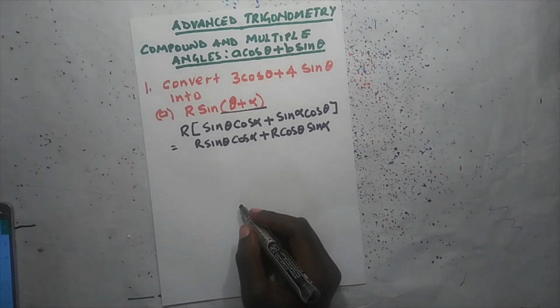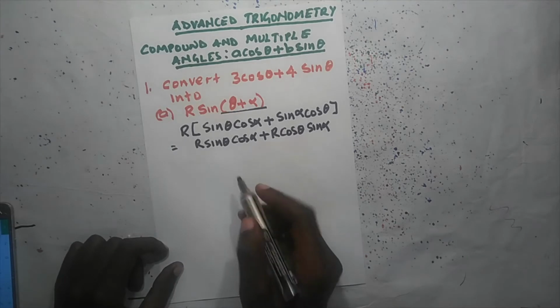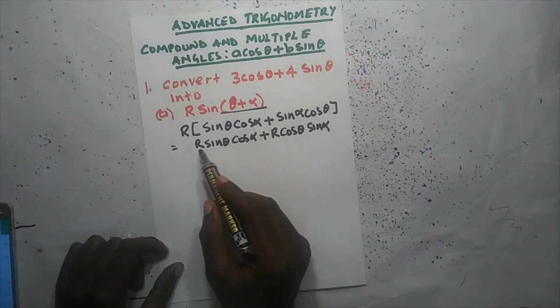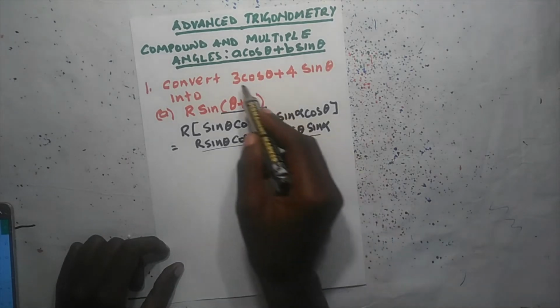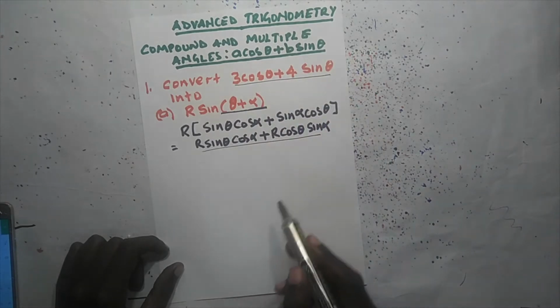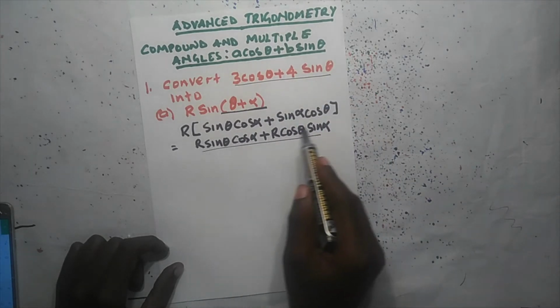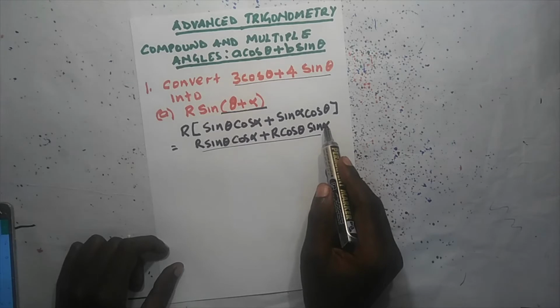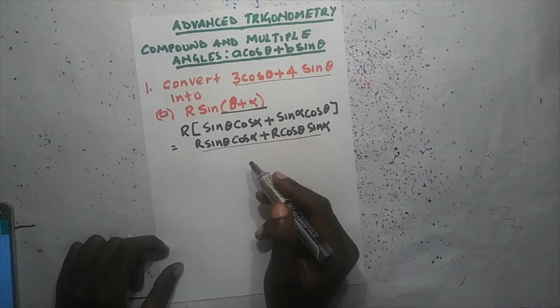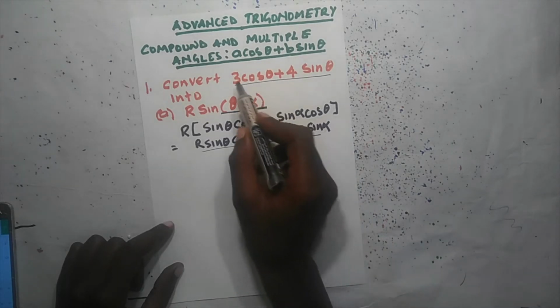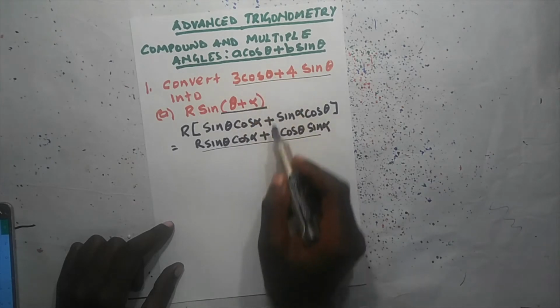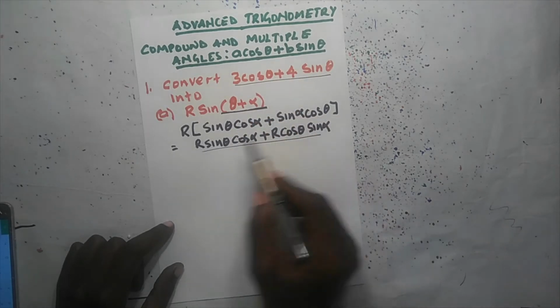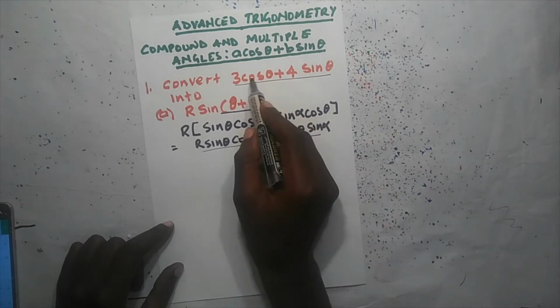When we reach this point, since these two are supposed to be identical, this one and the one that we are given, we are going to compare the one we have found with the one we have there. This one has 3 cos theta, so we look at both sides of the expression to see which one has cos theta.